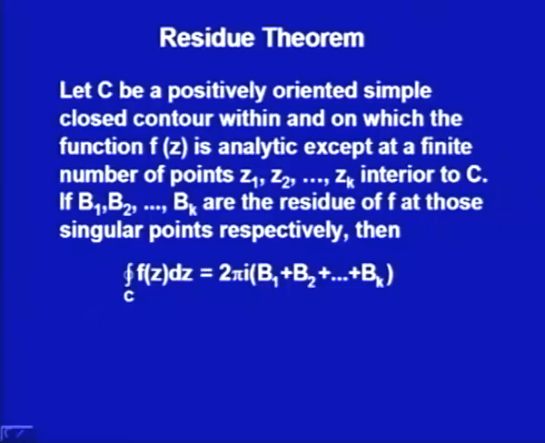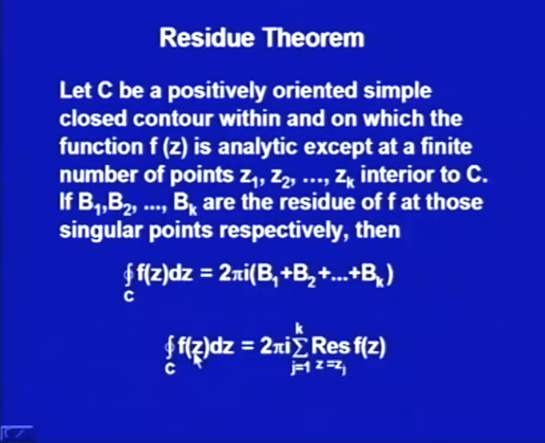In other words, if f(z) is analytic on the simple closed contour C and has a finite number of isolated singularities interior to C, then the integral of that function along C is 2 pi i times the sum of the residues of the function at those isolated singularities.